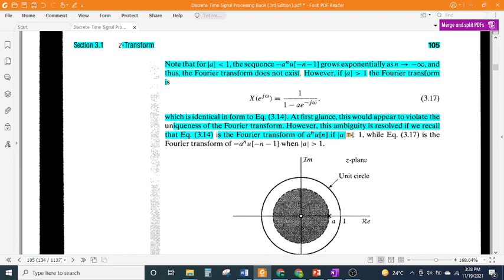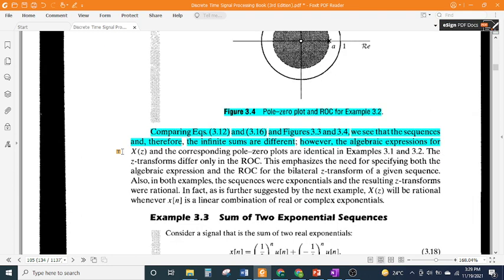Figure 3.4 Pole-zero plot and ROC for Example 3.2. Comparing Eqs. 3.12 and 3.16 and Figures 3.3 and 3.4, we see that the sequences and, therefore, the infinite sums are different. However, the algebraic expressions for X(z) and the corresponding pole-zero plots are identical in Examples 3.1 and 3.2.